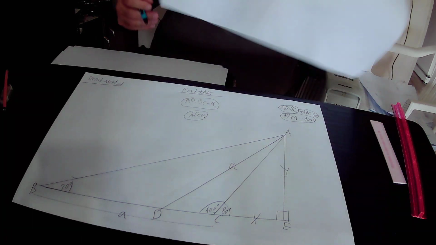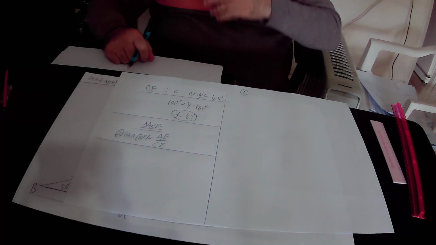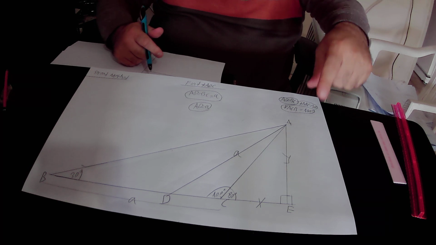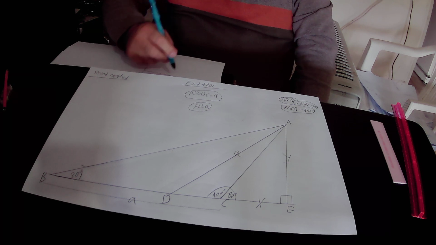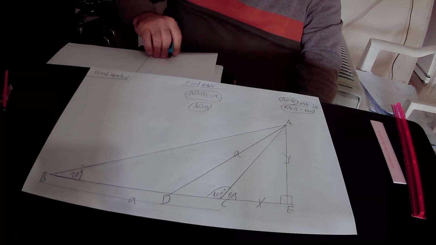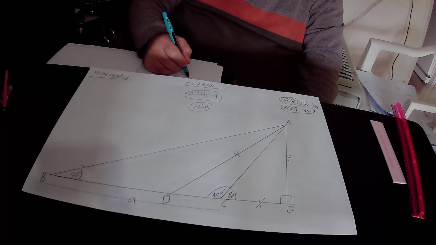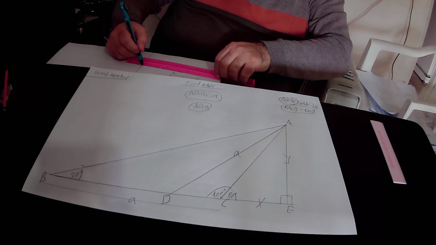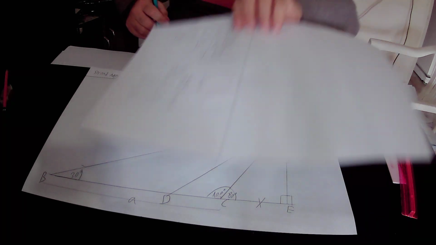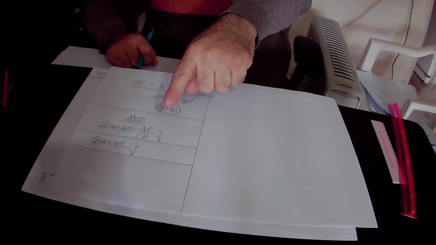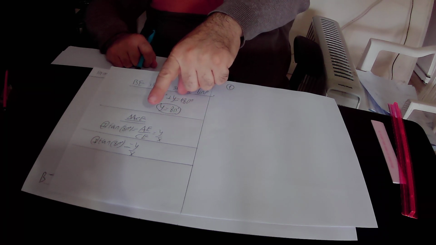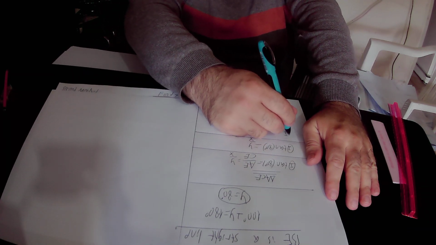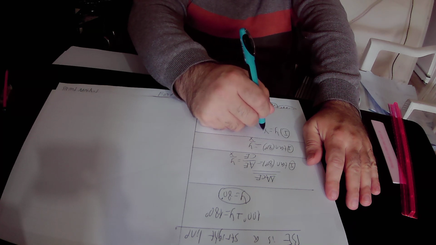According to our definition, AE equals Y and CE equals X. Therefore, tangent 80 degrees in triangle ACE equals Y over X. Here we multiply equation number 1 by X, and we get that Y equals X times tangent 80 degrees.